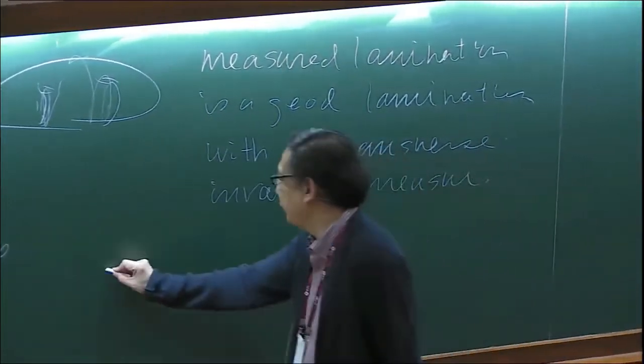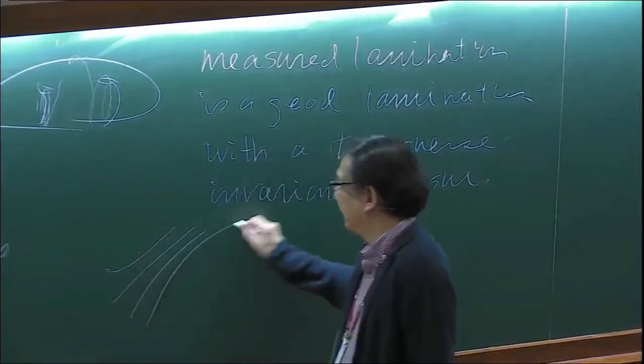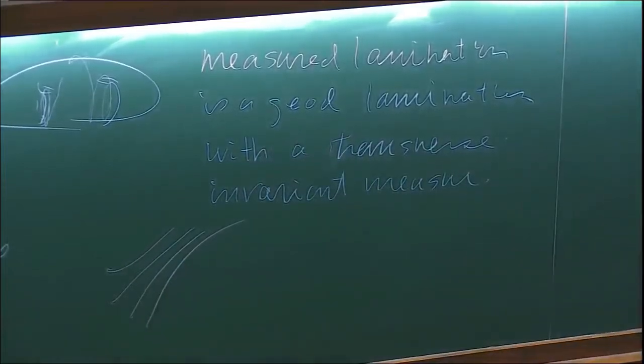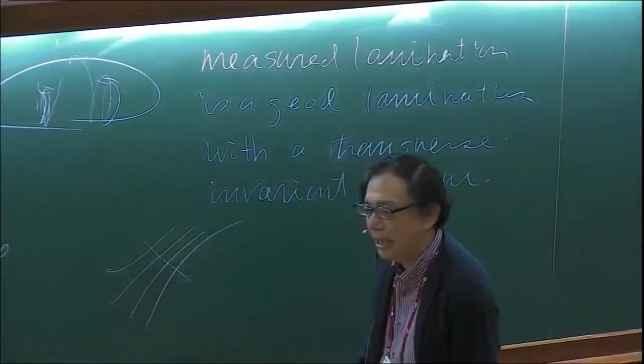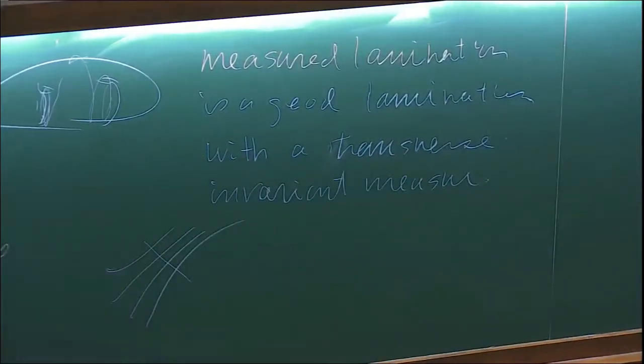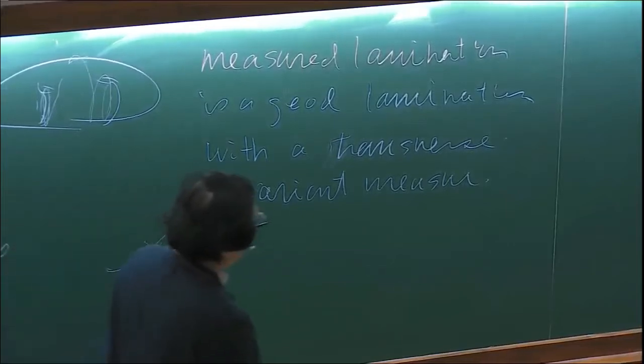That means, if you have the leaves of a geodesic lamination like that, then for any arc transverse to it, you get some real number, non-negative, probably positive. If it's disjoint from the leaf, then it's zero.